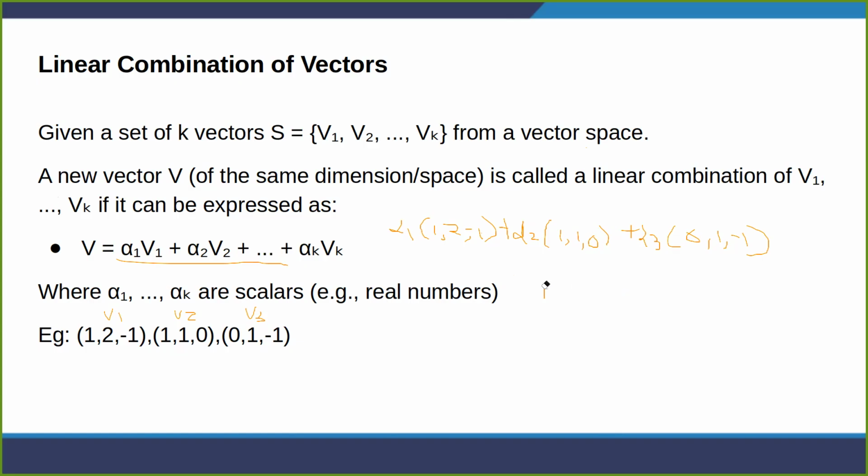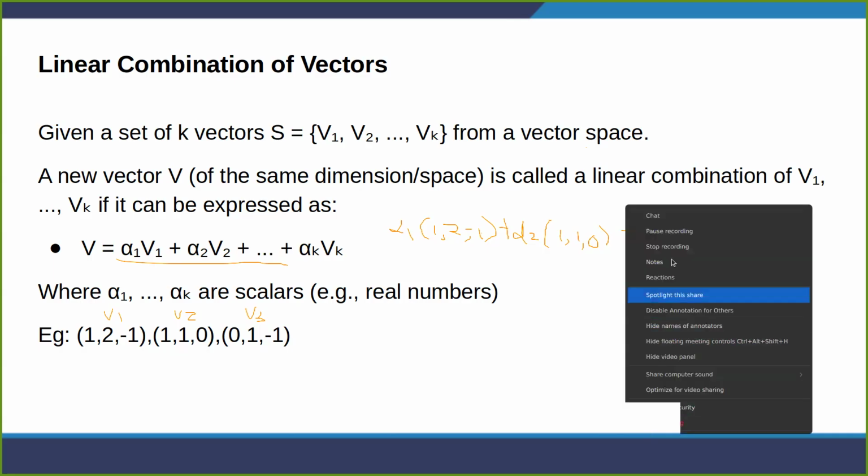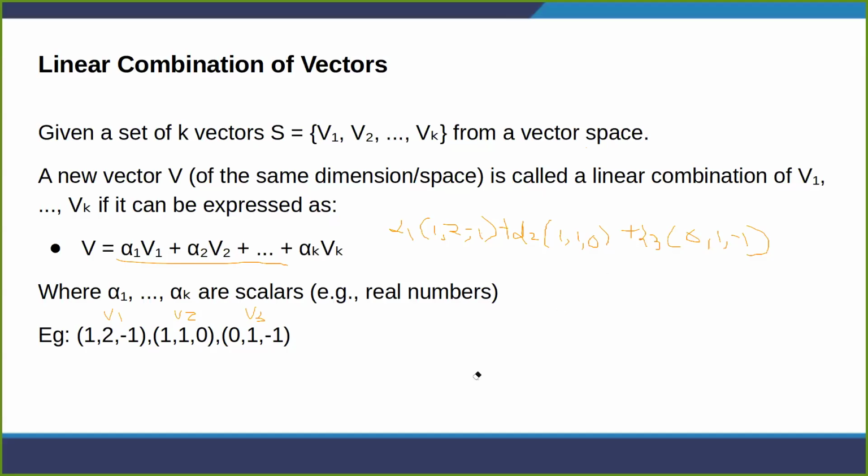Basically, you multiply this all by alpha 1, this all by alpha 2, and this all by alpha 3, and then you add the terms in the same position.